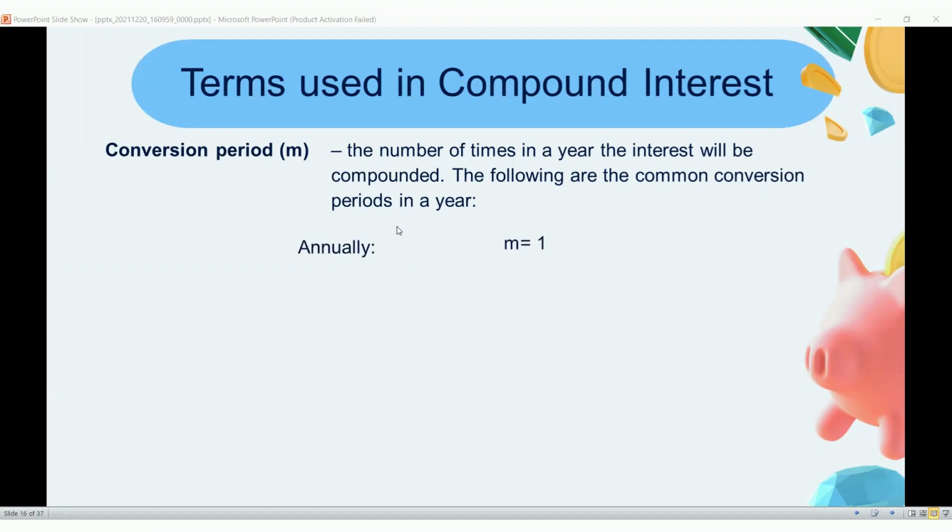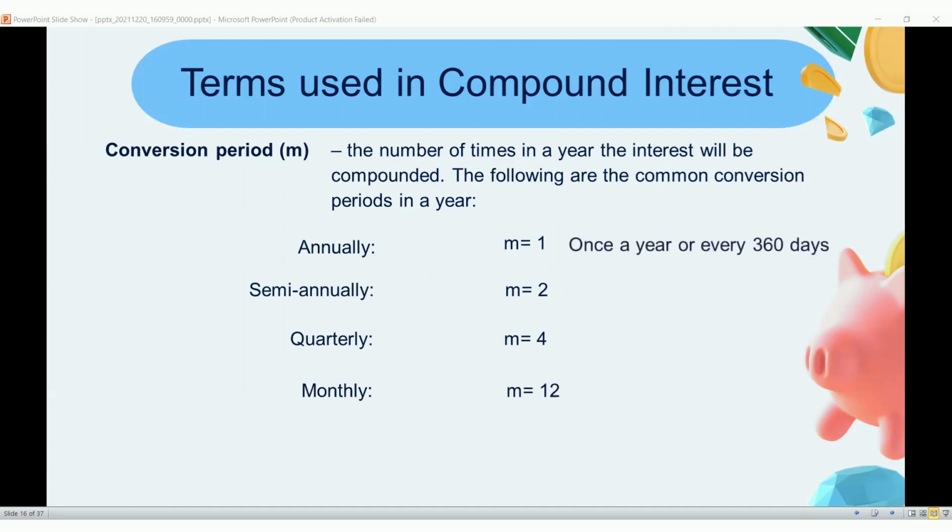So, we have annually, or M is equals to 1. Semi-annually, M is equals to 2. Quarterly, M is equals to 4. Monthly, M is equals to 12. So, pag annually, once a year siya or every 360 days. Semi-annually naman, twice a year or every 180 days or every 6 months nagko-compound ng interest.